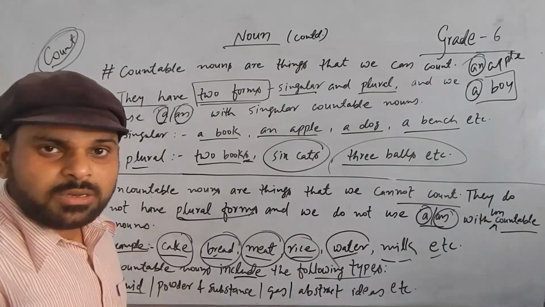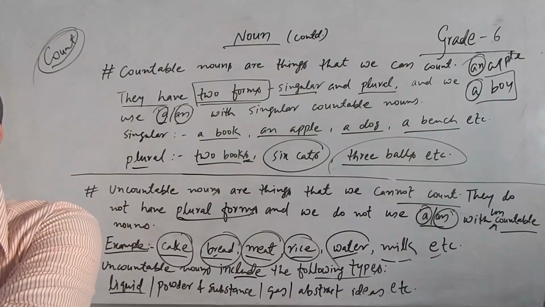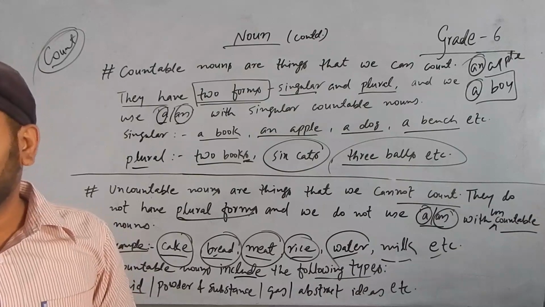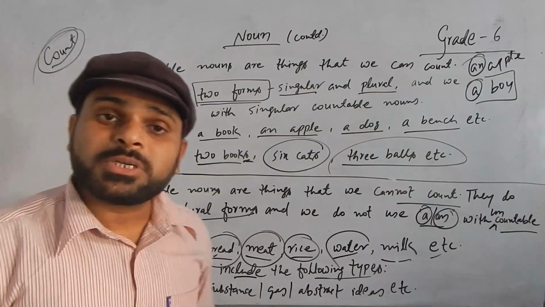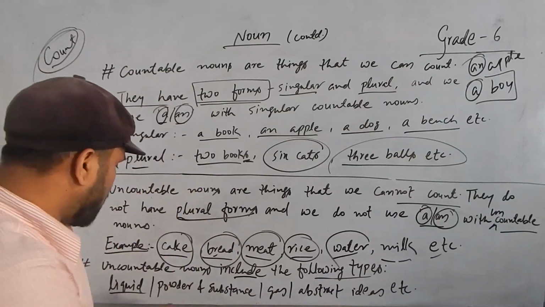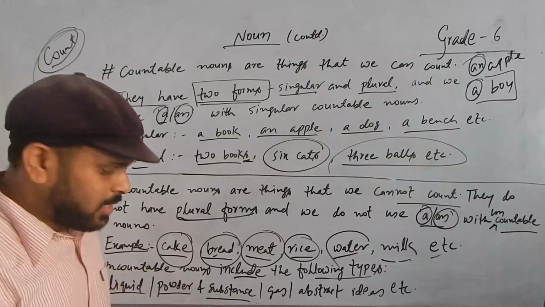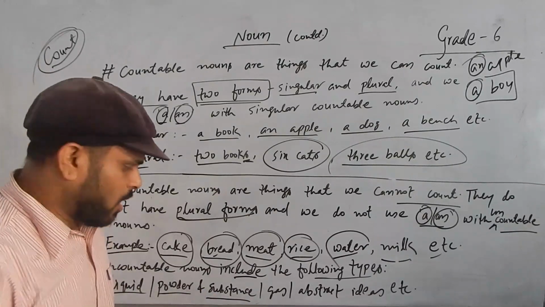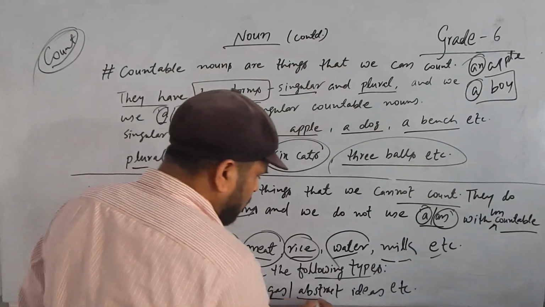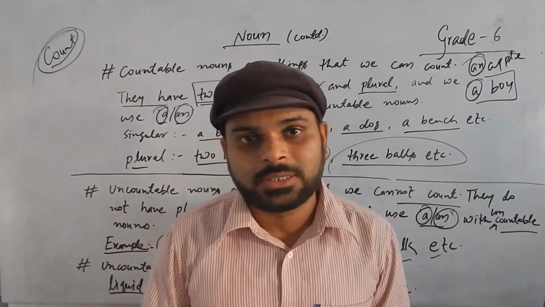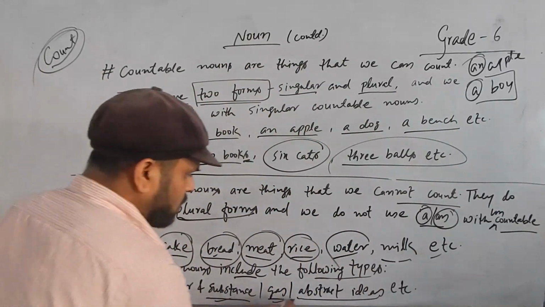If something is in a liquid state, it can be an uncountable noun. Powder and substance, they can be uncountable nouns. Gas, it can be an uncountable noun. Abstract ideas. So these are the easy things you can find out.